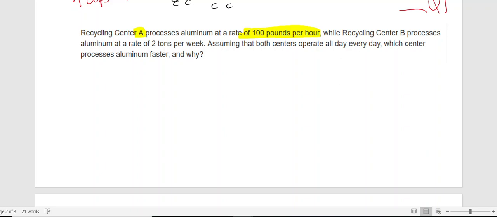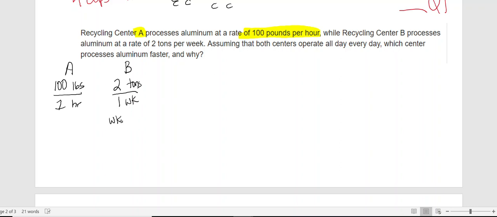We can write that, if we would like, as a unit rate. A is 100 pounds per 1 hour. Now B isn't so simple because they give us a rate of 2 tons per 1 week. So we need to go from weeks to hours.